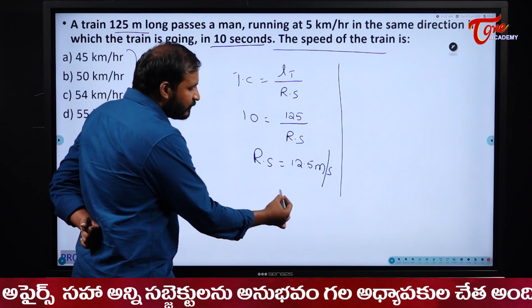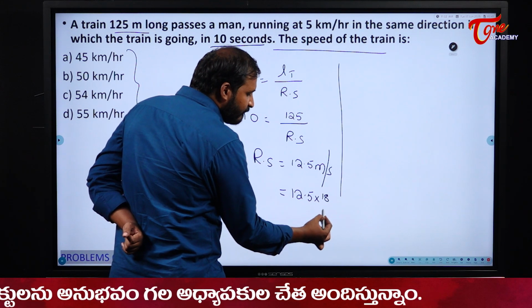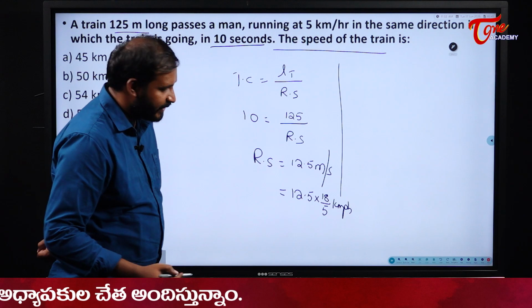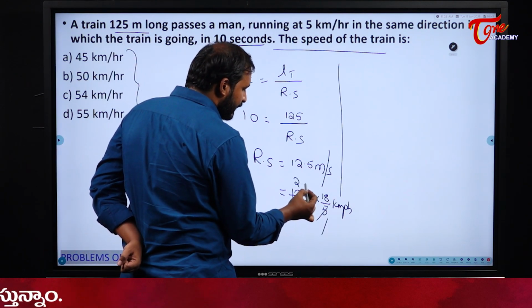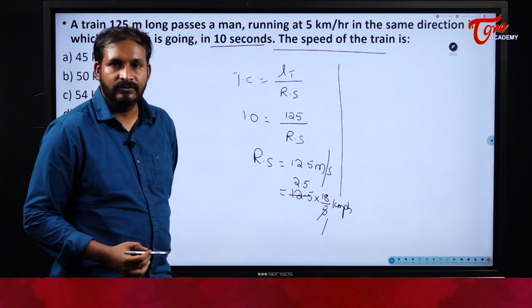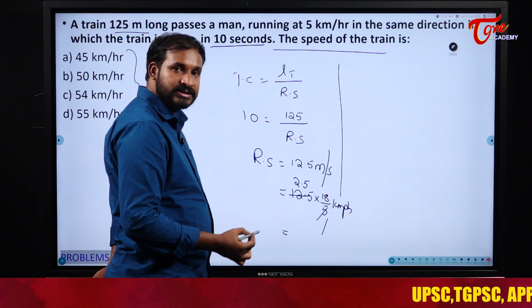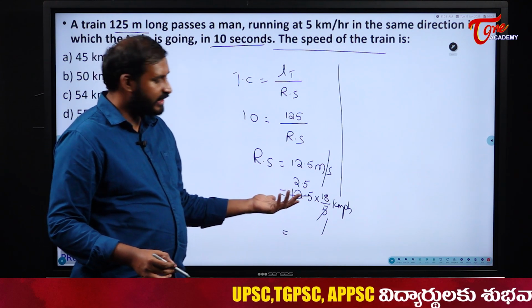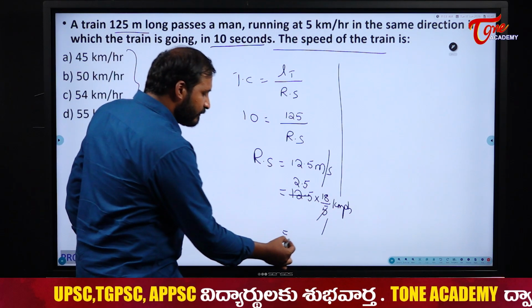So to convert that into kmph, 12.5 into 18 by 5 kmph. Now please see here, 5 ones 5, 2.5 times is 12.5. So 2.5 into 18, what it becomes, students? 18 plus 18, 36 plus 9, 45 kmph.